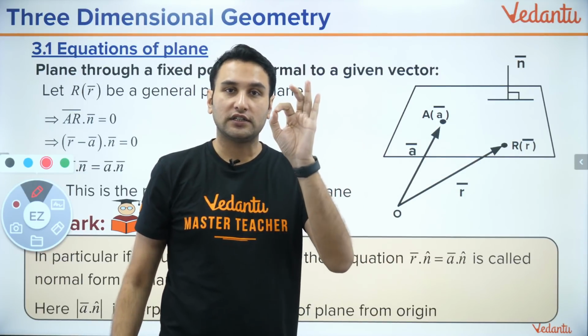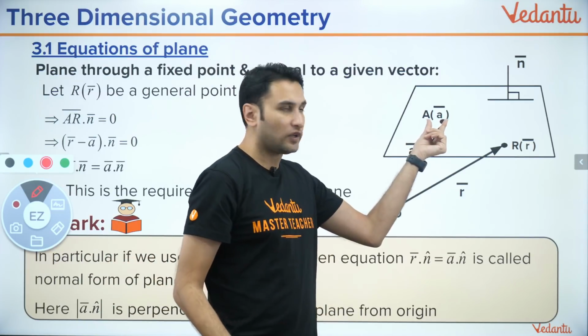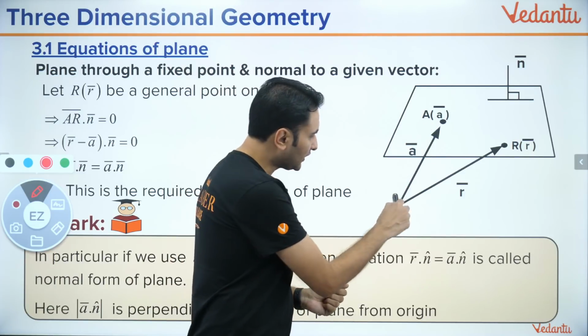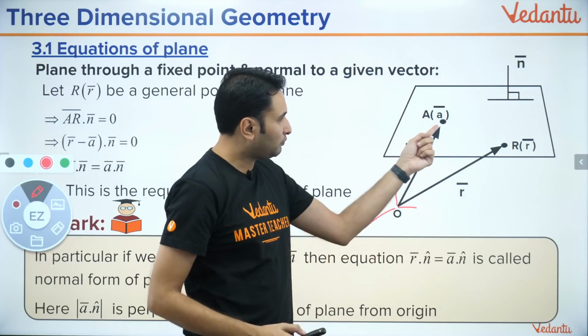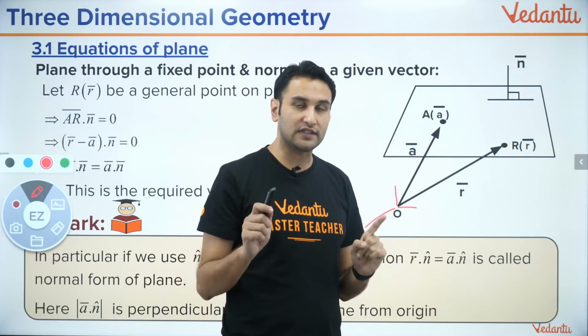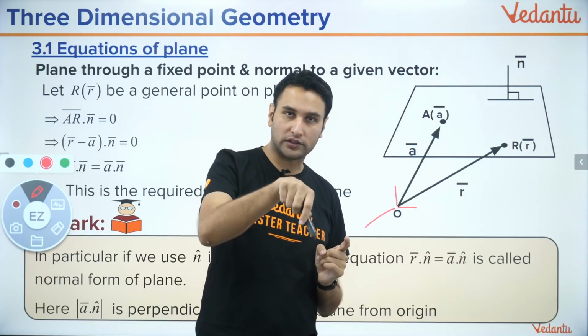Any point which is given to you in the vector form, that is A vector. So A vector is the position vector of any point on the plane. मतलब अगर ये origin है तो point A को point करने वाला vector बच्चों क्या हो जाएगा? A vector. What is this? It is the position vector of the point on the plane.